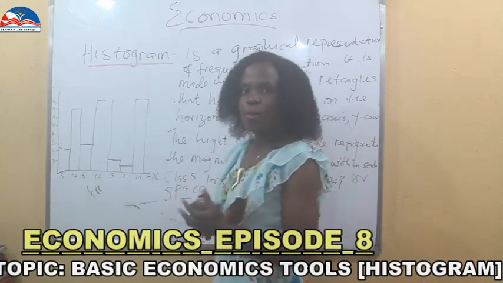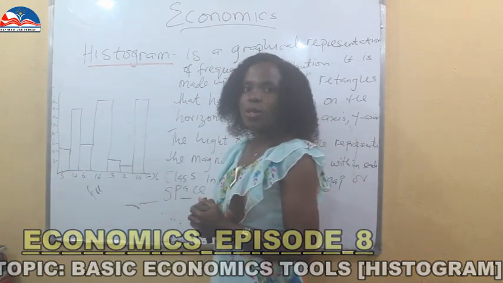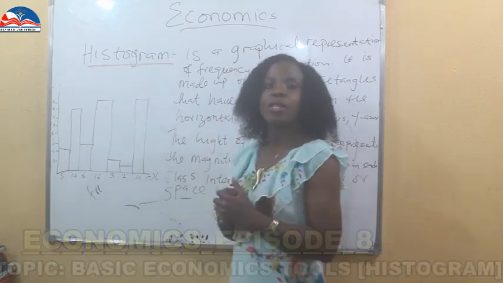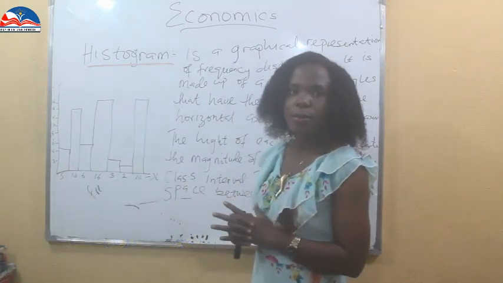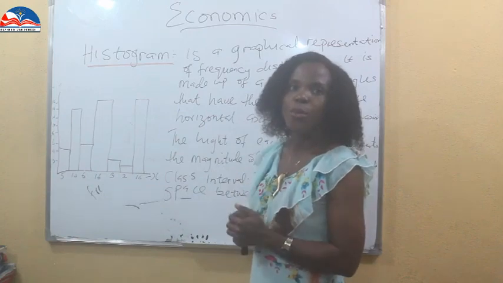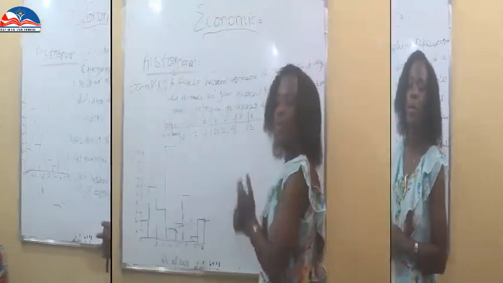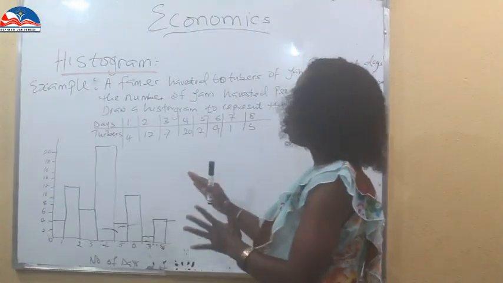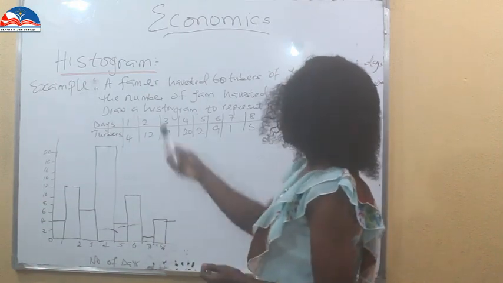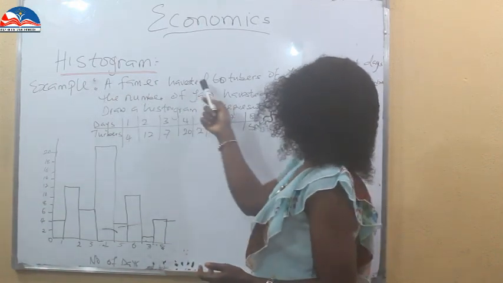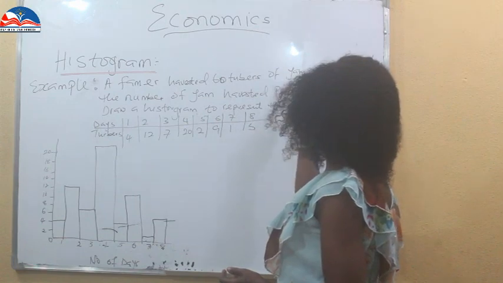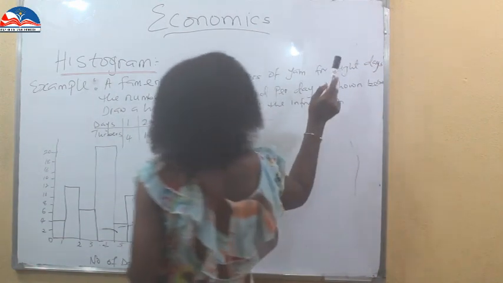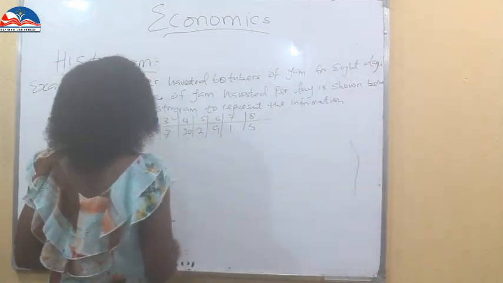Now let's use an example from your text to illustrate how to solve histogram-related problems. Let's use this example to draw a histogram. A farmer harvested 60 tubers of yam in 8 days.